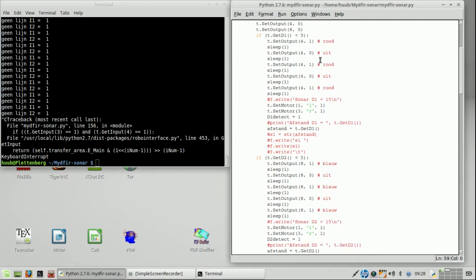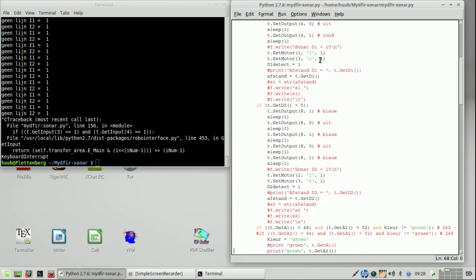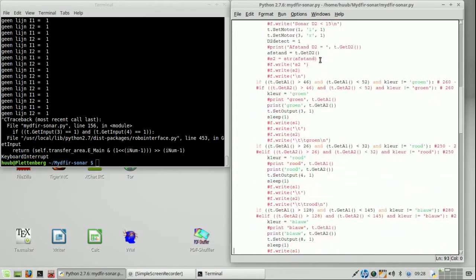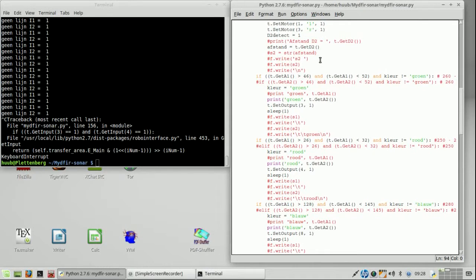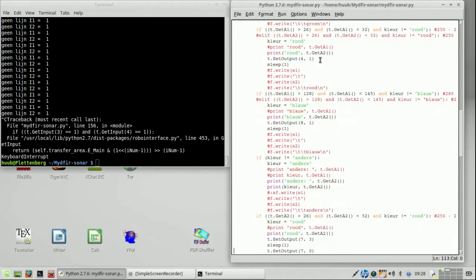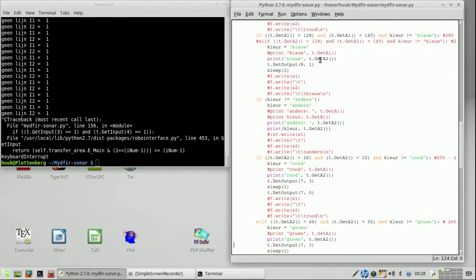Output 4 is the only buzzer output is 7. And I don't see any 7 here. Only here. And this is with A2, which is exactly where it should be.